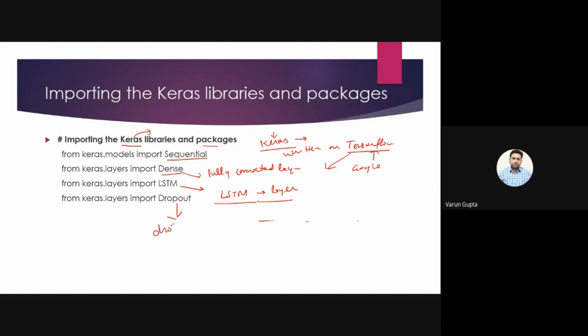Dropout is a regularization technique. It is basically to bring some randomness, some stochasticity, into the network. Suppose we are getting some activations in a layer, and we drop some of them randomly, so that the network is not able to cram anything. That's why we apply dropout. It is normally applied on the hidden layers.